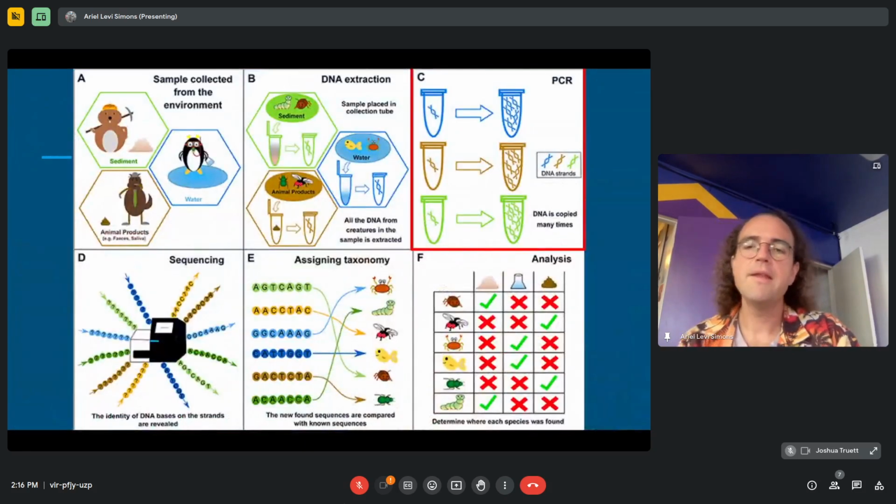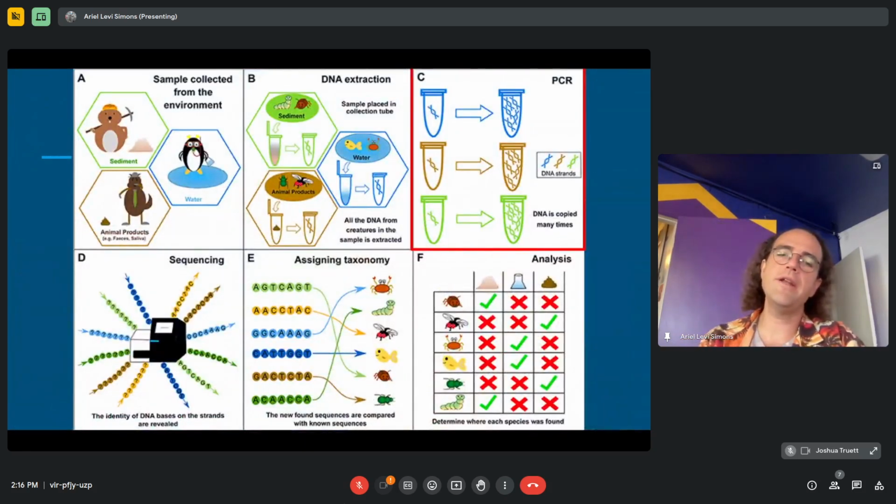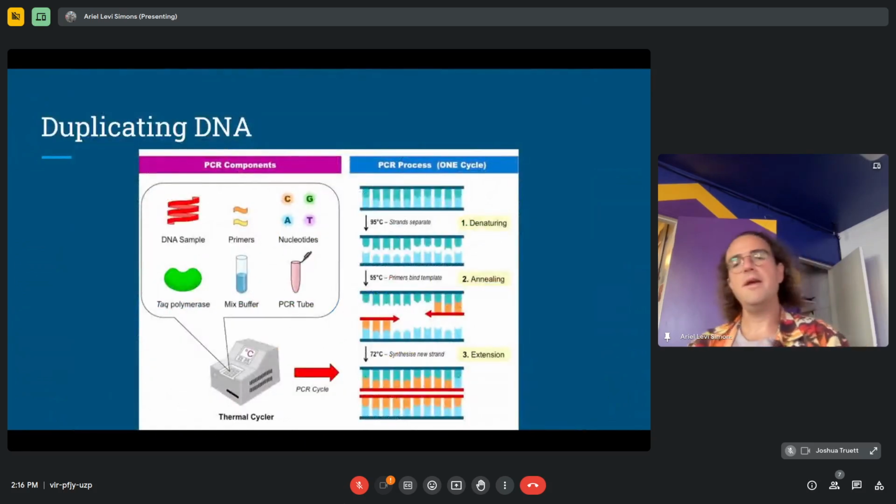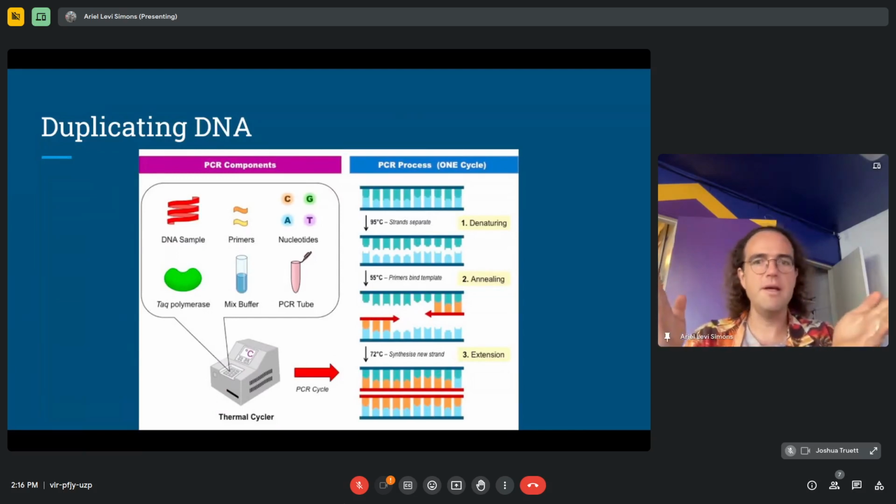All right, then you get all that DNA. Now you need to get enough of it that you can actually sequence it, because as you can imagine, you're dealing with microscopic amounts of something, and you want to amplify it billions of times. You heat up a sample, and you fill the sample with complementary nucleotides. When you heat it up, the DNA unzips.